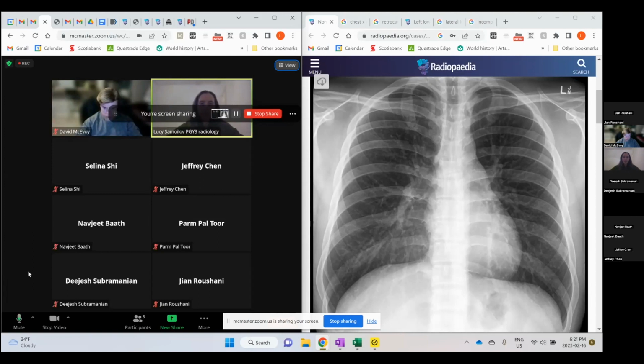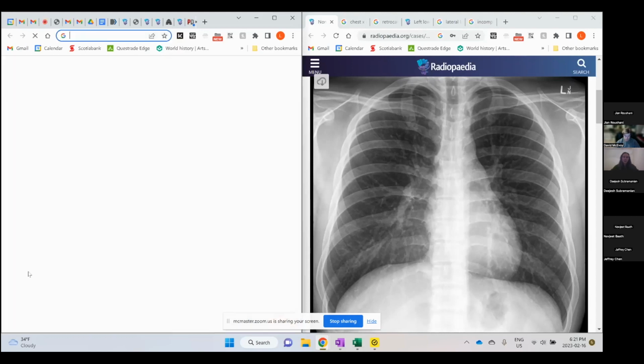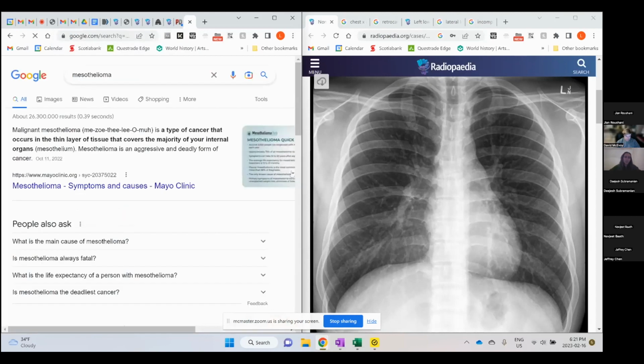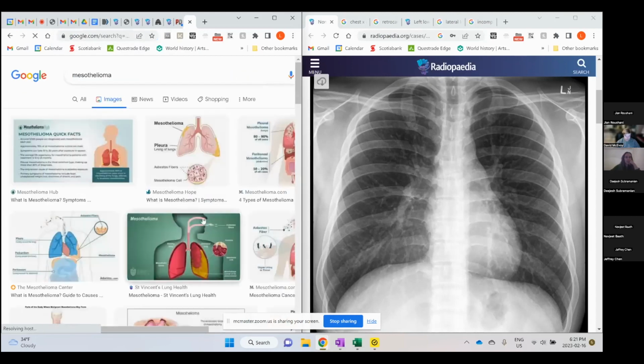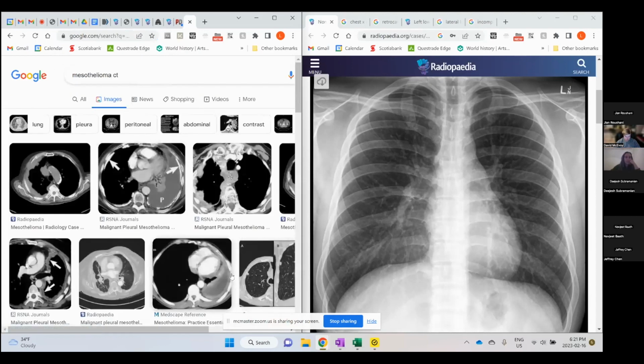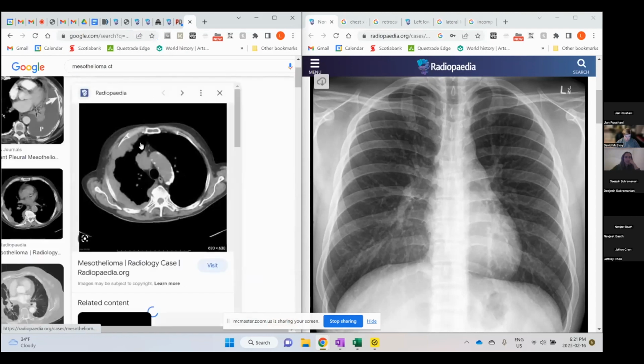Before it gets to that stage, when it's simply a calcified pleural plaque, that's just what it is, and it's essentially benign. I'll show you what mesothelioma looks like. Oh yeah, right here.